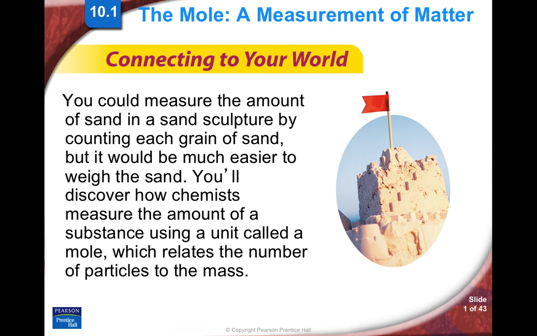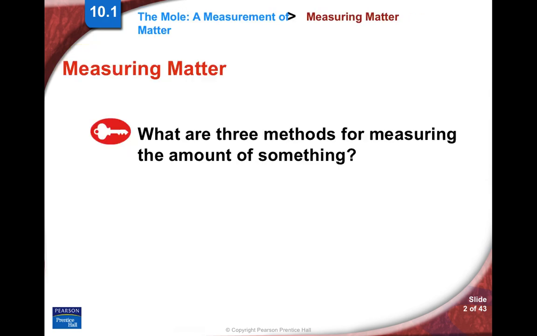So what we would probably be able to do a lot easier is count out 10, 100, 1,000 pieces of sand and weigh them, then weigh the mass of the sandcastle all together, and then use the mass of a few pieces of sand to calculate the number of pieces of sand based on the mass. Now, that might not make a lot of sense right this second, but hopefully it will soon.